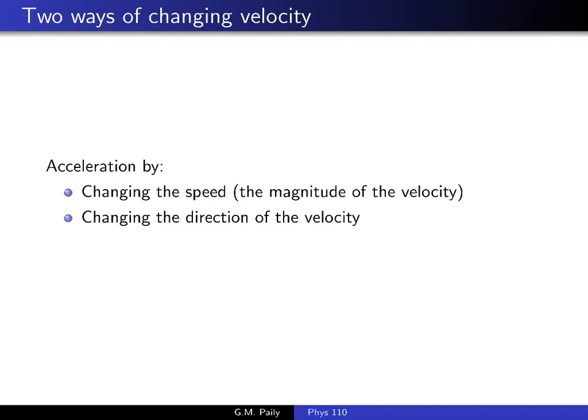And so, you can change the velocity vector by changing its magnitude, or you can change the velocity vector by changing its direction. And there are two corresponding types of acceleration. There's an acceleration that changes the speed, that is the magnitude of the velocity, and there is an acceleration that changes only the direction of the velocity, but leaves the magnitude alone.